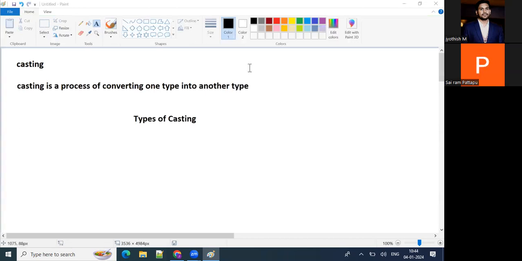Casting is a process of converting one type into another type.